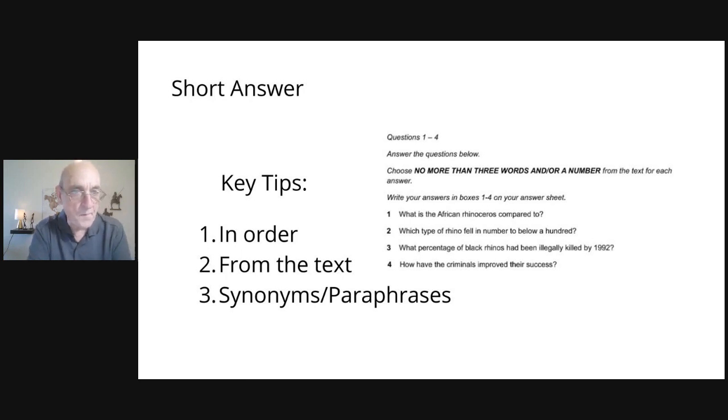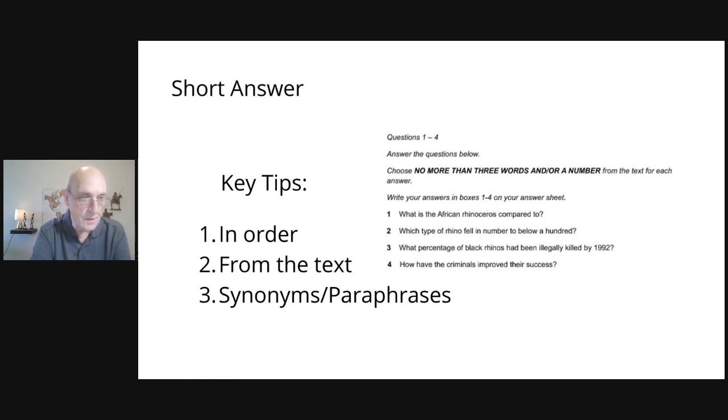So when it comes to short answer questions, there's a couple of key tips and some things to know. These questions will come in order in the text, in the same order you find them in the questions, and your answers will be words from the text. So no spelling concerns or issues with that. You'll be copying words directly from the text.